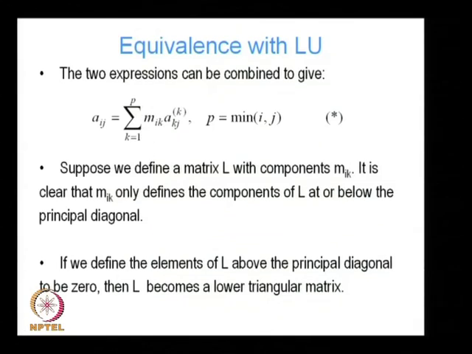Then after Gaussian elimination we are going to recover our LU decomposition, barring the trivial diagonal elements of L, which are always equal to 1.